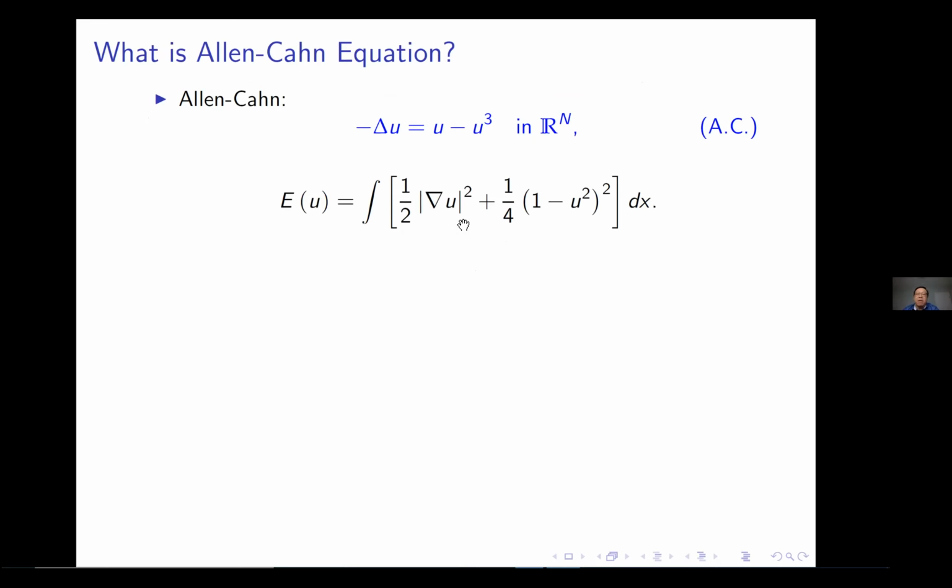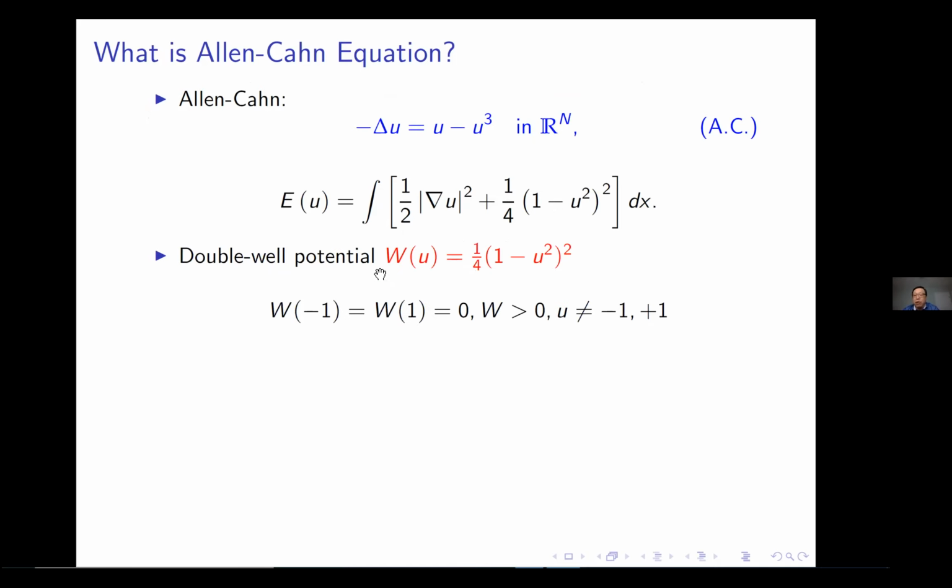The first term is the kinetic energy, the diffusion energy, and the second term is the most important term, the so-called double well potential. Why is it called double well potential? Because the second term has two zeros, minus 1 and 1.